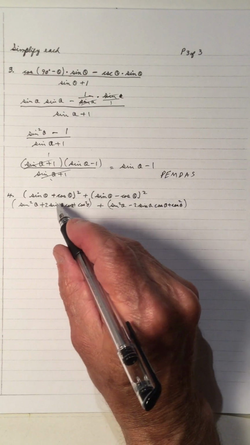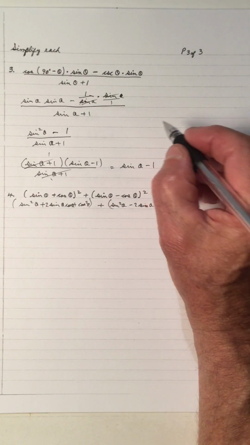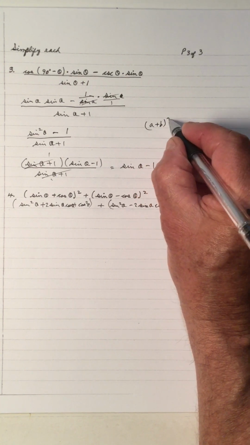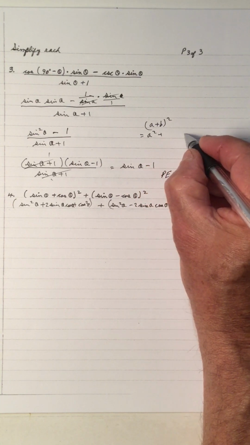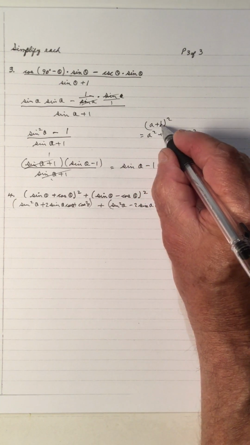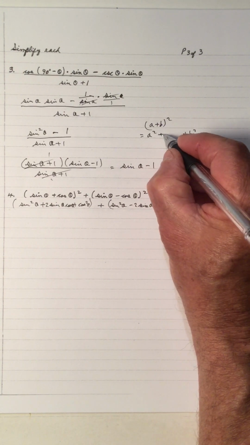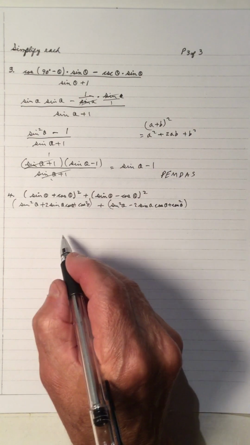I practice squaring a binomial, again, just to remind you of that. So a plus b all squared, the pattern is square the first one, a squared, square the last one, which is b squared, and the product of these two doubled, so it's 2ab. So that's the pattern I use in squaring here.